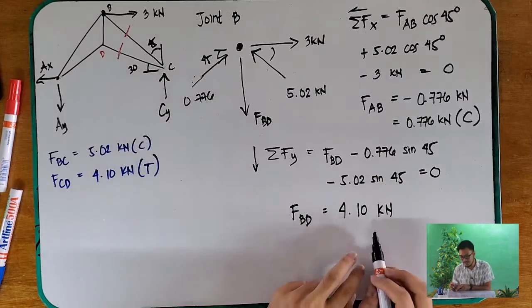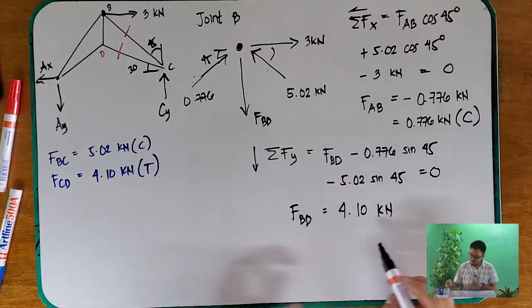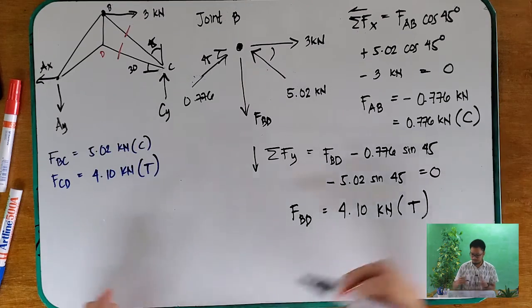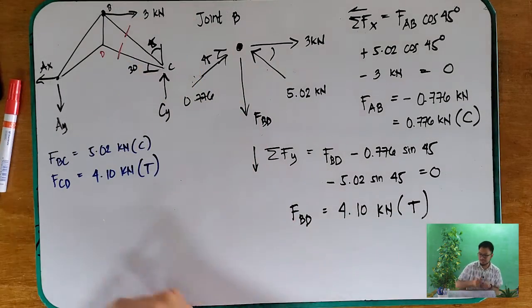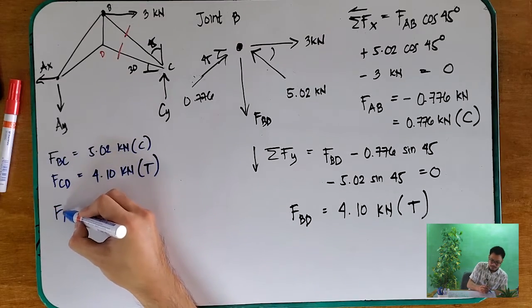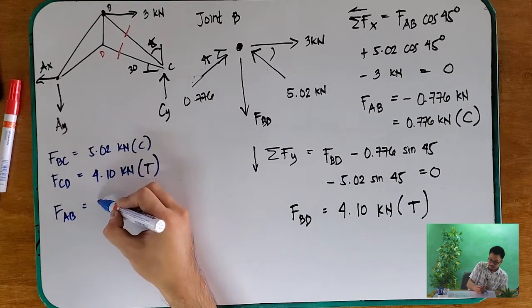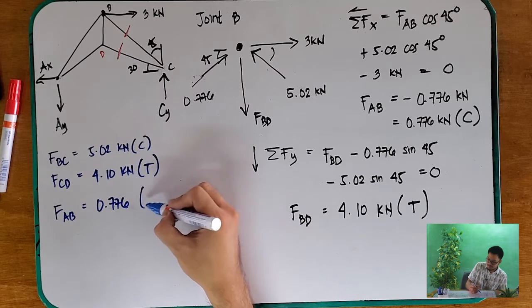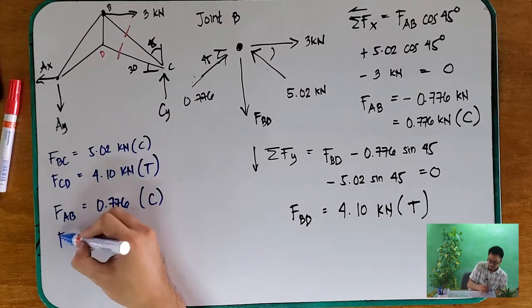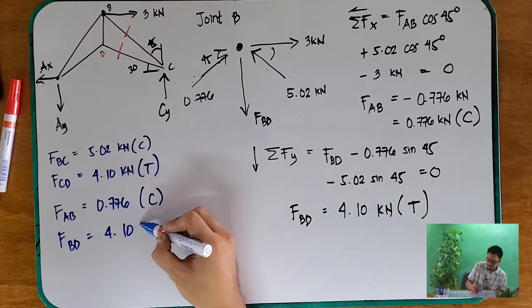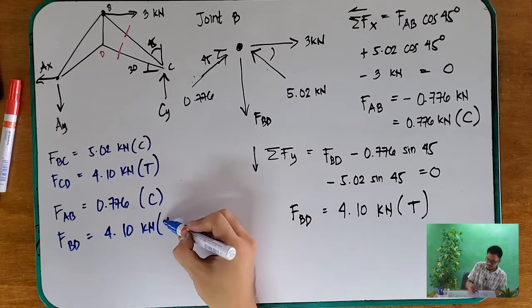Since this one is positive, we can say that this one is in tension. Let's update our summary. So FAB is 0.776 kilonewtons, compression. FBD is 4.10 kilonewtons, tension.